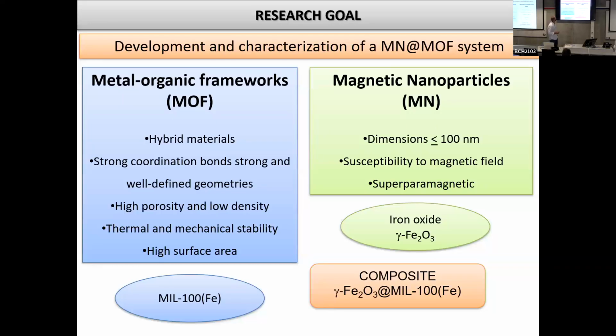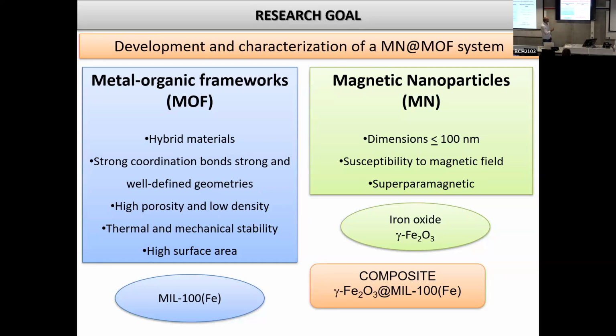We chose two materials to reach this goal: among the metal organic frameworks, MIL-100, and for magnetic nanoparticles we selected iron oxide, in particular gamma magnetite.